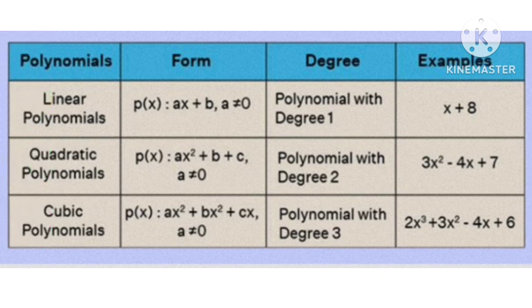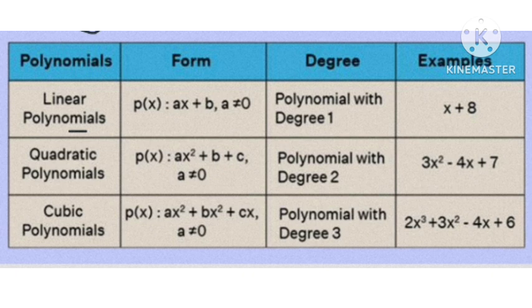Now we'll see one more example about the linear polynomial and the degree of polynomial. Here you can see a chart where I have written polynomial, form, degree and examples. First we'll see the linear polynomial. What is a linear polynomial?